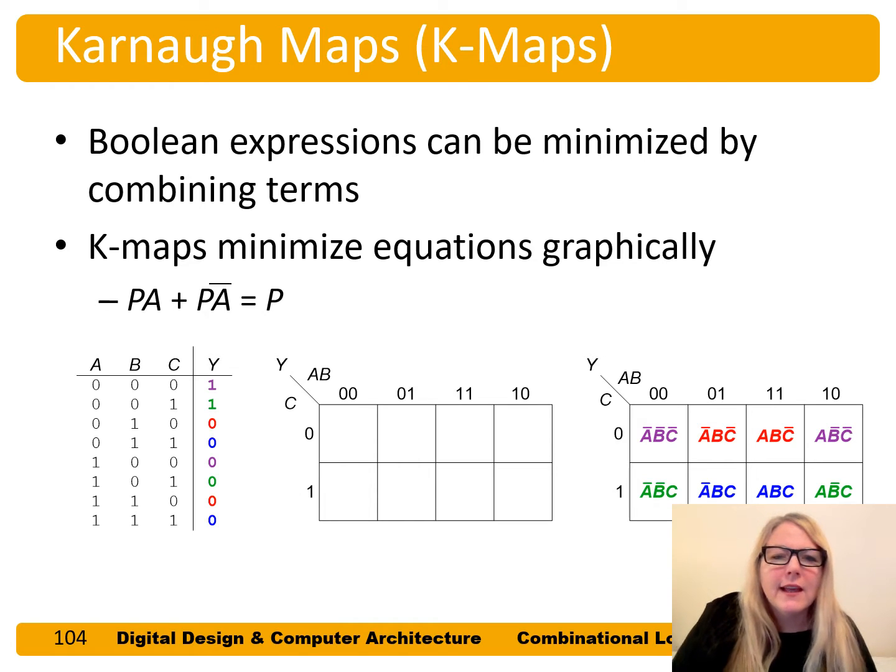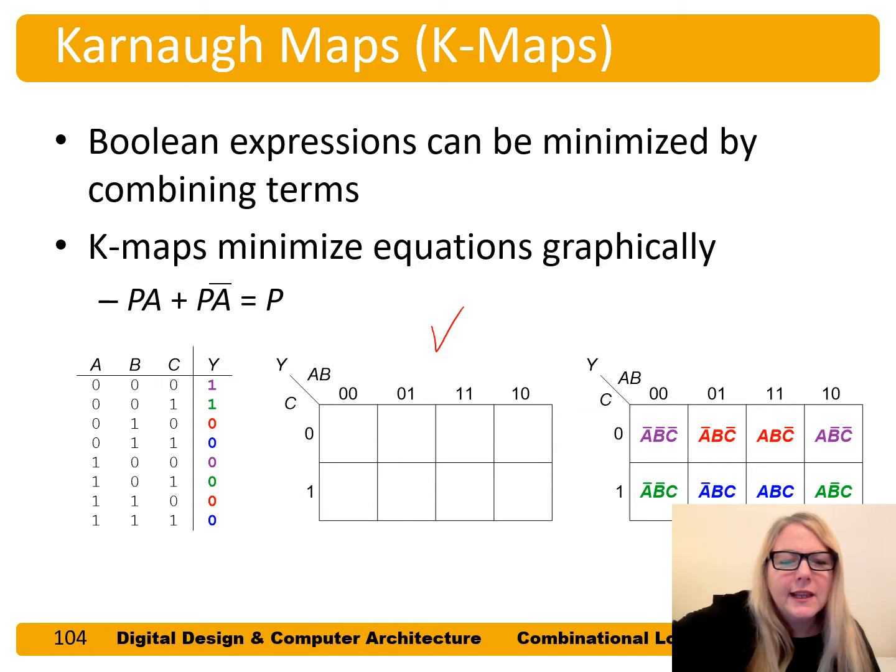So here's a K-map. This is our K-map down here. It's going to graphically represent our truth table and allow us to combine terms. The 0, 0, 0 row, so this row here, maps to this 0, 0, 0 box. The next location, 0, 0, 1, maps to the 0, 0, 1 box.